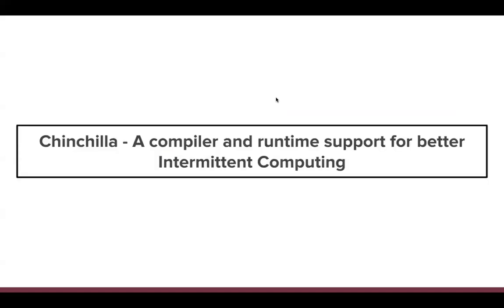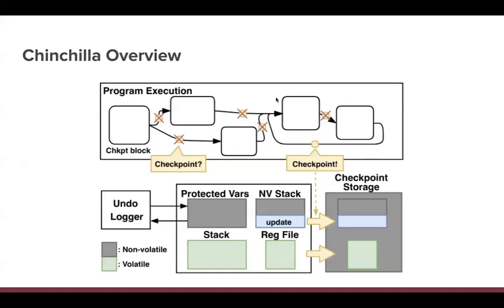So now we introduce Chinchilla, which is a compiler and runtime support for better intermittent computing. And how Chinchilla differs from other intermittent systems is what we'll see now. First up, Chinchilla introduces an idea of dynamic checkpointing, where it says that we need not checkpoint after a fixed energy level or a time duration.